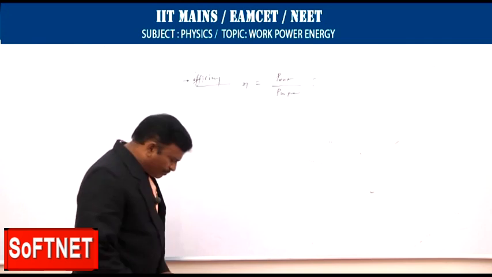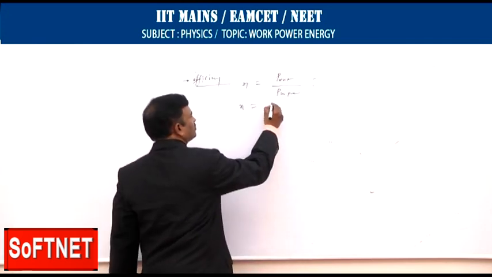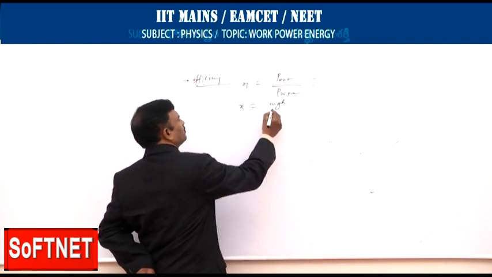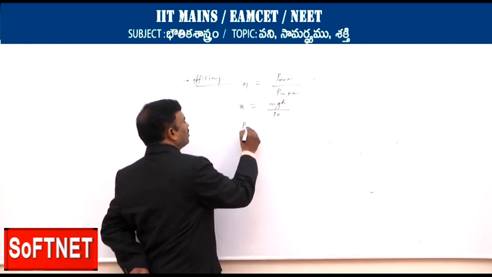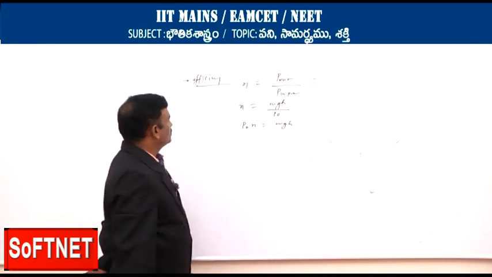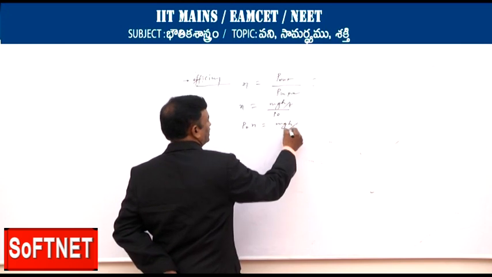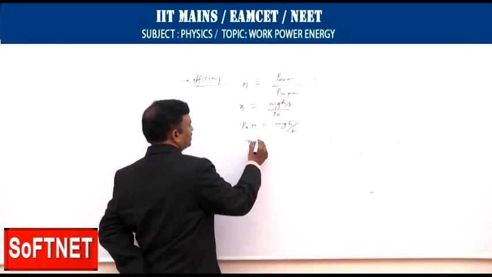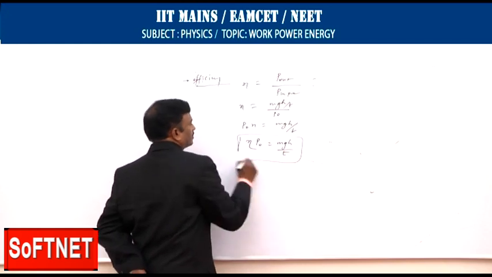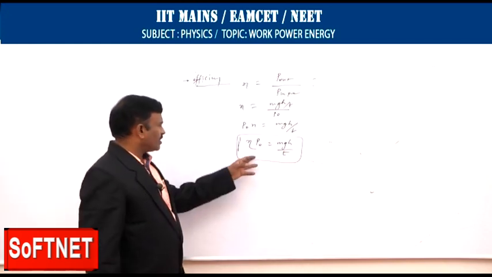Efficiency is equal to mgh, power output. Power input is P naught, let us assume. P naught into eta is equal to mgh by T. So efficiency into P naught is equal to mgh by T, where P naught is the actual power.